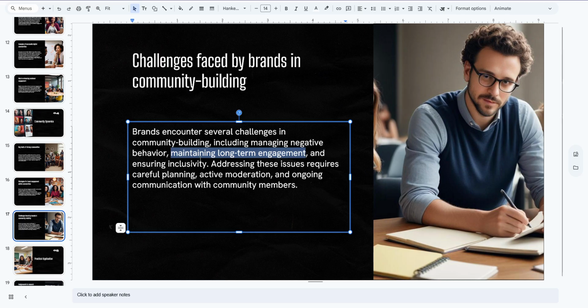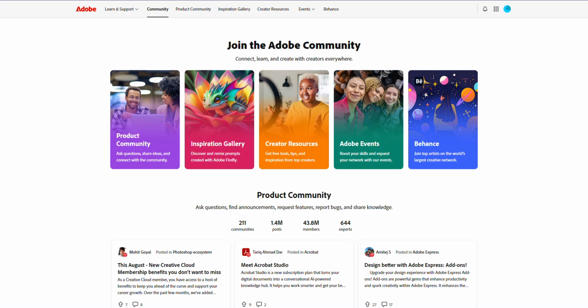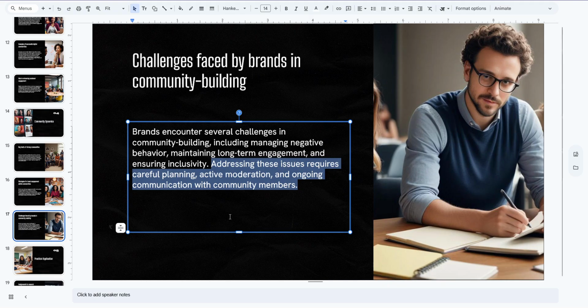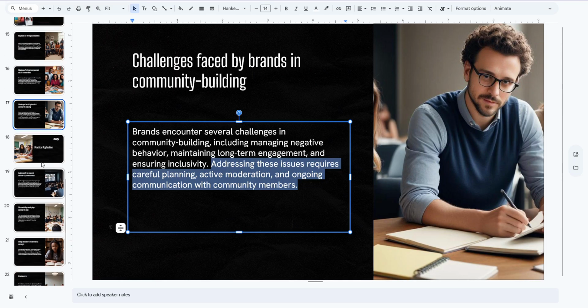So how do brands maintain long-term engagement and ensure inclusivity? So how can they be inclusive? They can include most people. Addressing these issues requires careful planning, active moderation, and ongoing communication with community members. So Adobe also has people who are responsible, who run the community, and who are active on it. Most big high-end software has that.